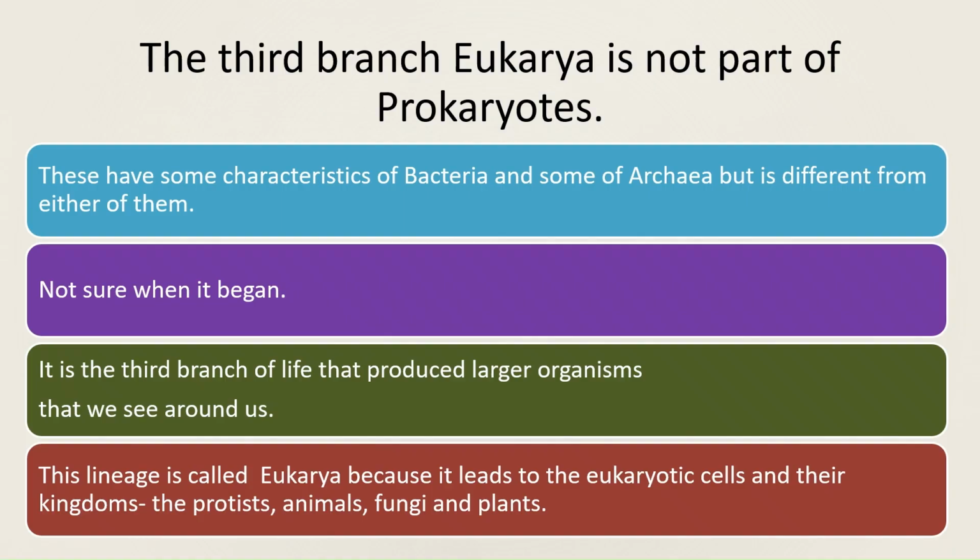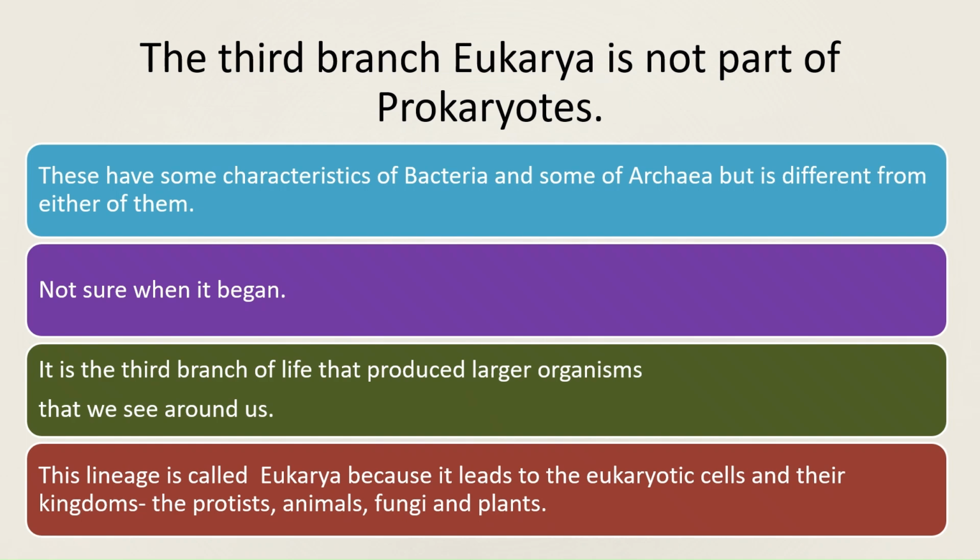The third branch, Eukarya, is not part of prokaryotes. They have some characteristics of bacteria and some of archaea, but are different from either of them. Not sure when it began. It is a third branch of life that produced the larger organisms that we see around us.